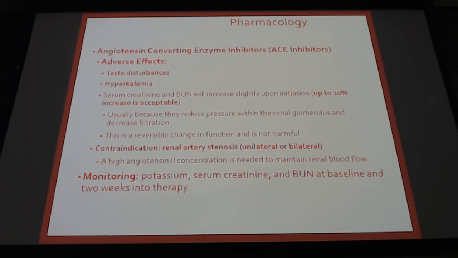And then the monitoring, which again, that month follow-up is important. We're looking at that serum creatinine, which remember we have that 20 to 30% wiggle room of how much it can go up within that first month of us using it. Their potassium, this all makes sense when we look back at our initial diagram that we went over and all of the things that are blocked, right? So we're going to make sure that their potassium is okay, look at their BUN, and then just see what that bump looks like.